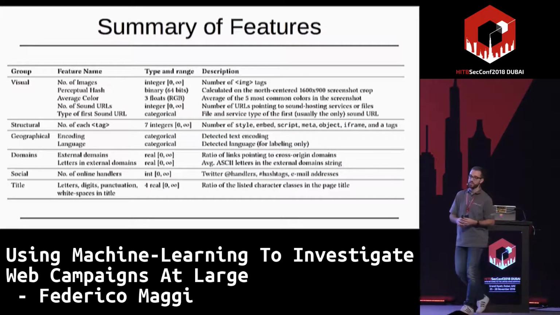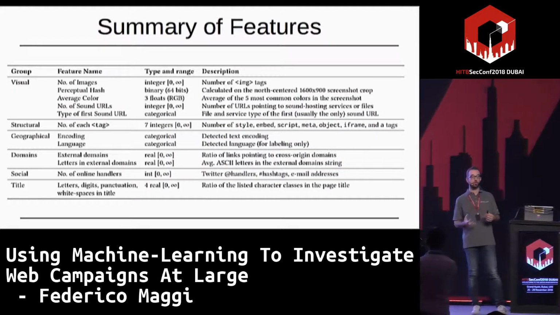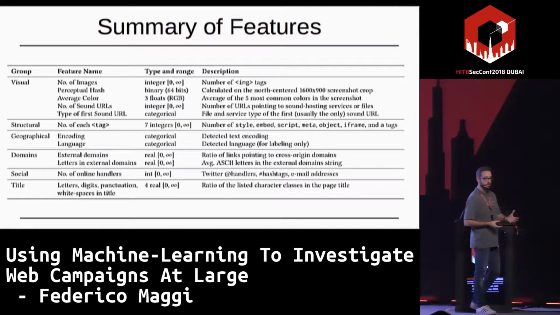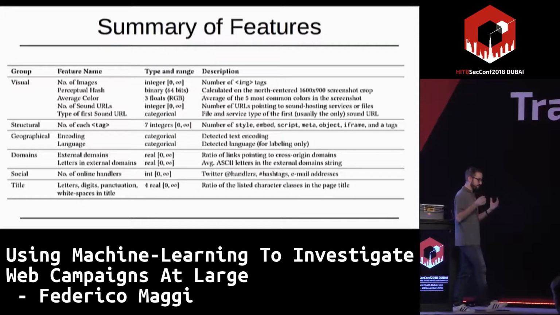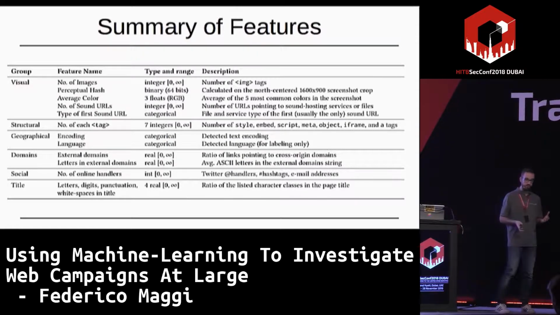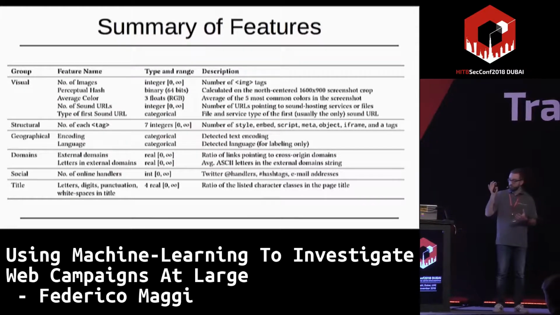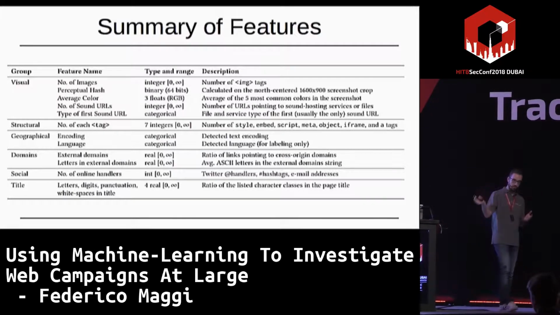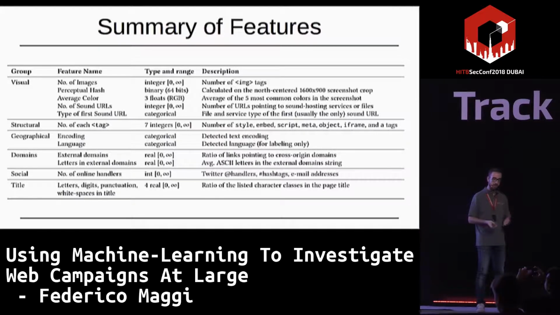So to summarize, here is how we encode all of our features. We have the group of visual features: number of images, the perceptual hash of all the images, the perceptual hash of the screenshot, and the average colors. We keep 3 floats, RGB. The type of the first sound URL.